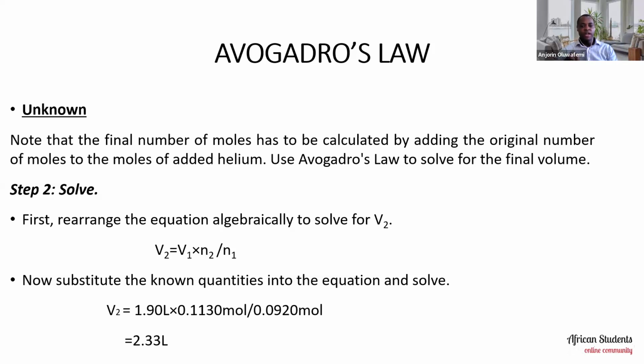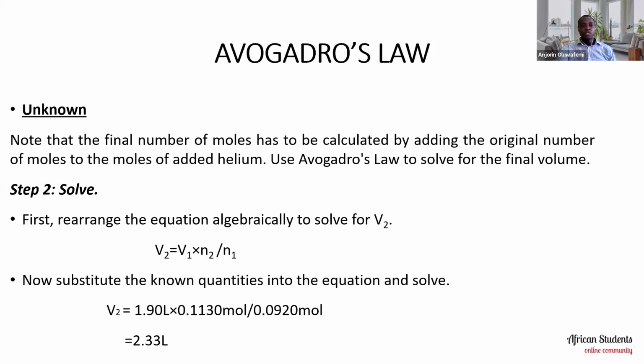Now let's substitute the values based on the known quantities. We have the initial volume to be 1.90, the final number of moles to be 0.113 moles, and the initial number of moles to be 0.092 moles. So when you go through this, you end up having a volume of 2.33. Okay, 2.33. All right.